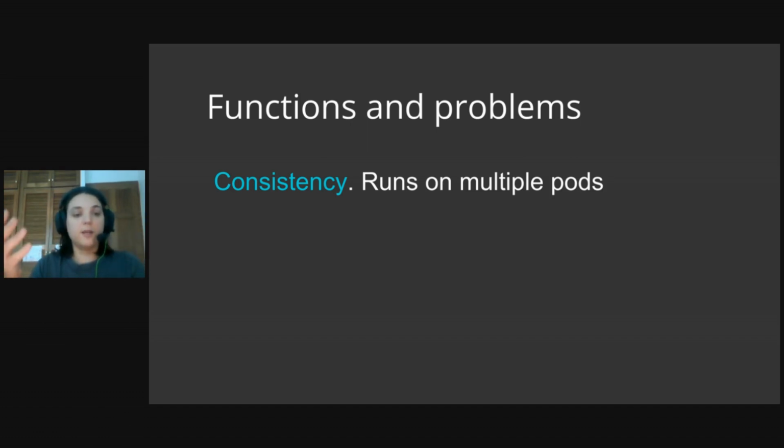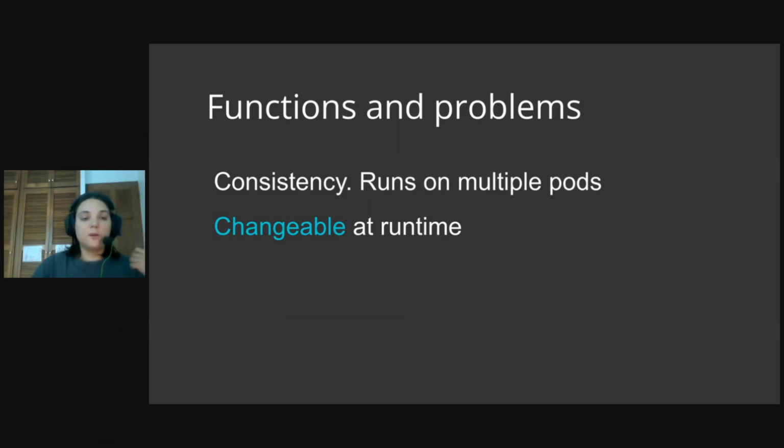It can happen. Of course, it's very bad because you lose your money, and your reputation will be bad with your customers. It's not so good for them too, because they get double money. Okay, it's one problem we have: your application can run on multiple pods.